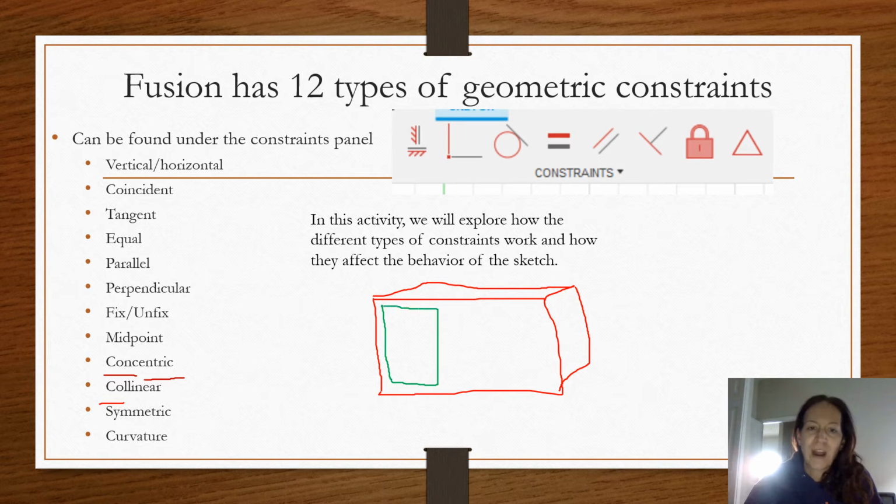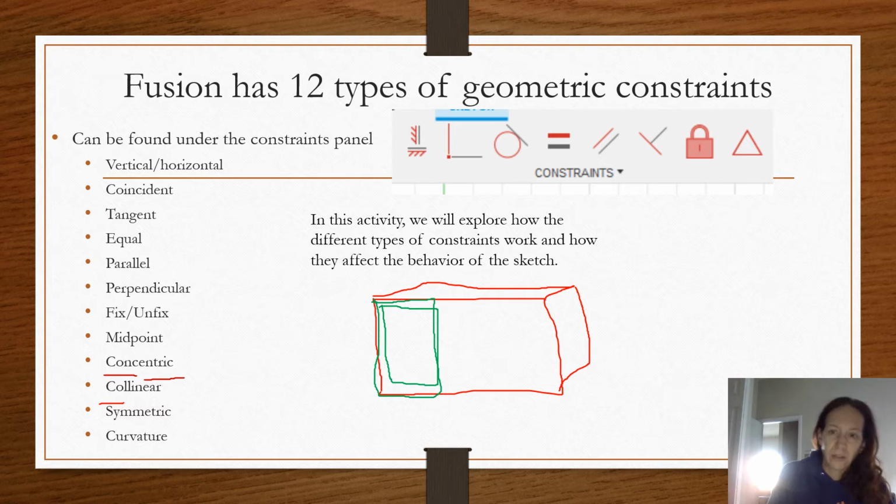So what I will do sometimes is I'll draw a rectangle inside and then I will use that collinear constraint and I'll click the edge and then I'll click the edge of this and it will make them on the same line. It will basically move this line so that it's on top of this one. And I'll do the same here and the same here so that I can be 100% sure that the figure I want lines up perfectly, which is really hard to draw.